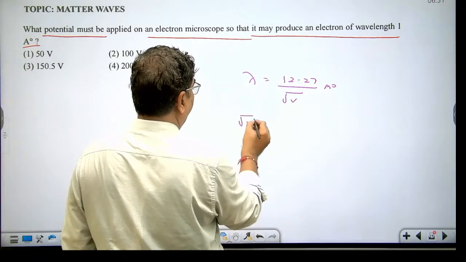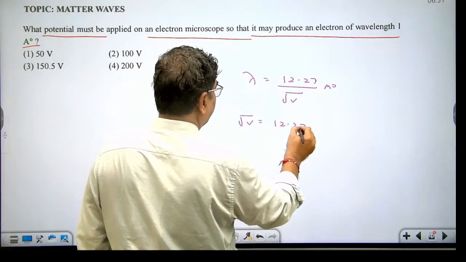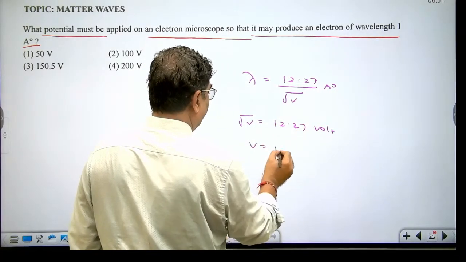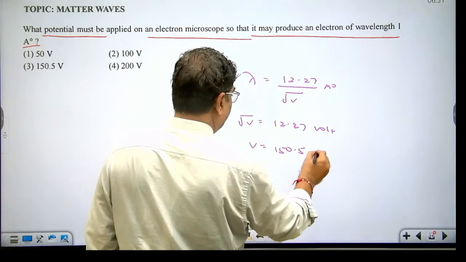So under root V will be equal to 12.27, so V will be equal to 150.5 volt.